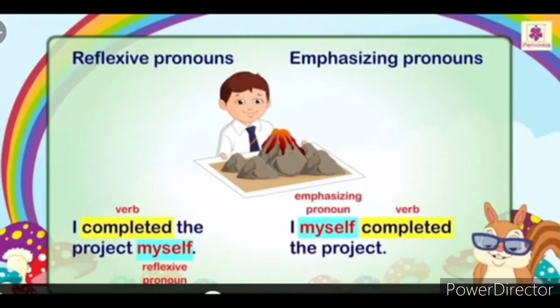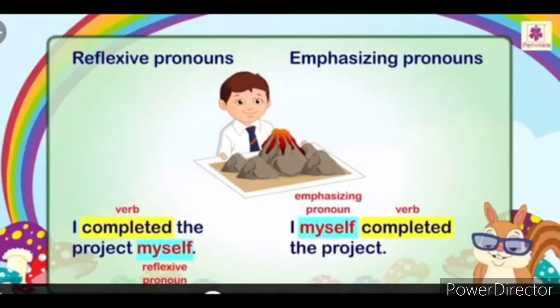The example for emphasizing pronoun: see the sentence, I myself completed the project. Here, myself, the emphasizing pronoun, is a part of the subject. So, it is nearby the subject, part of the subject, and it is placed before the verb.